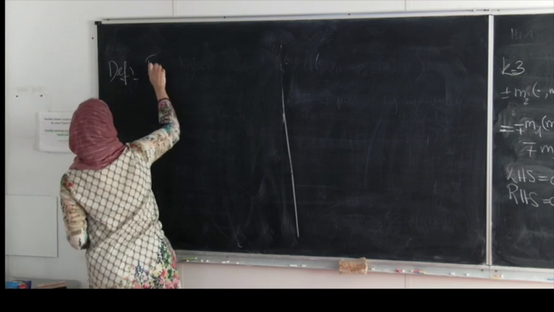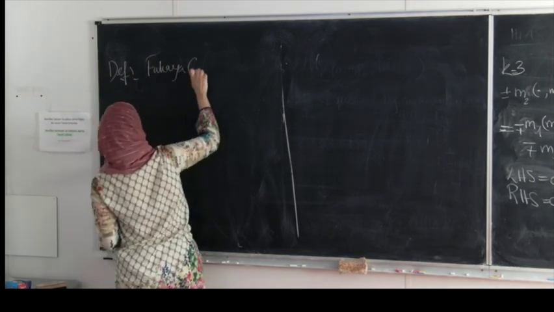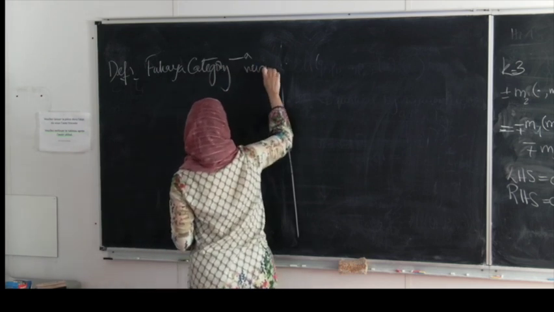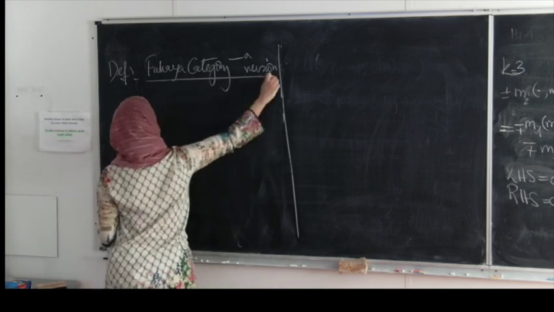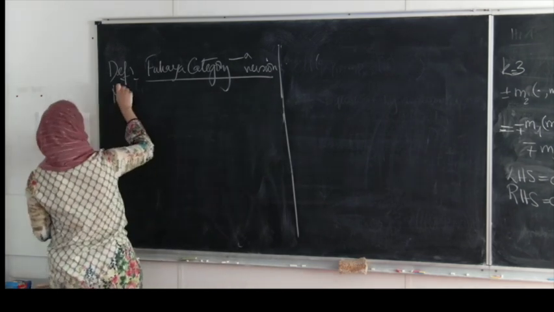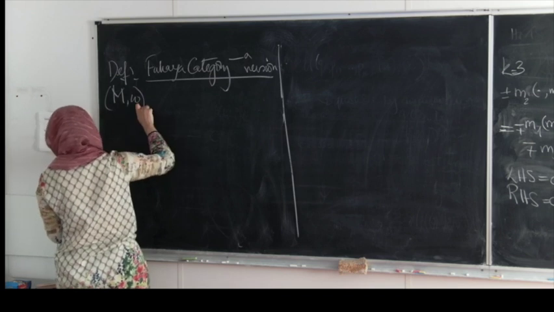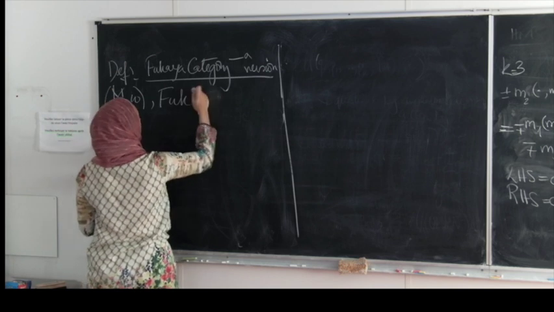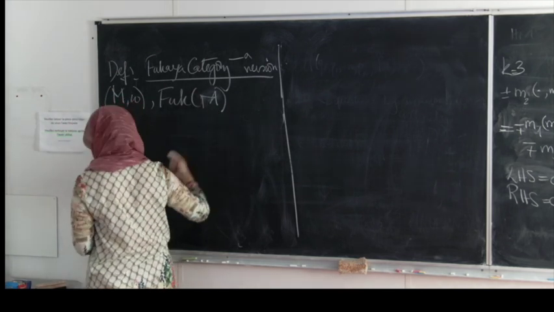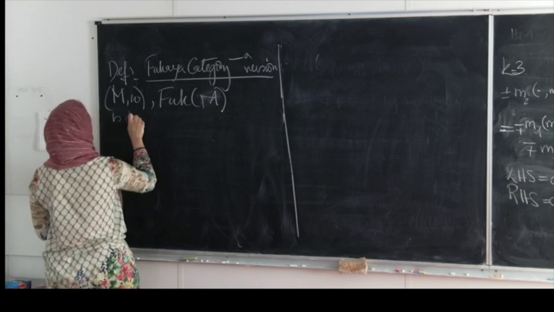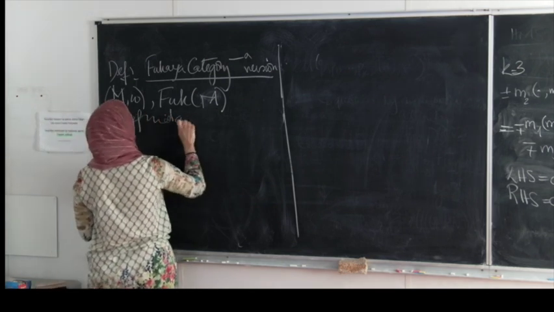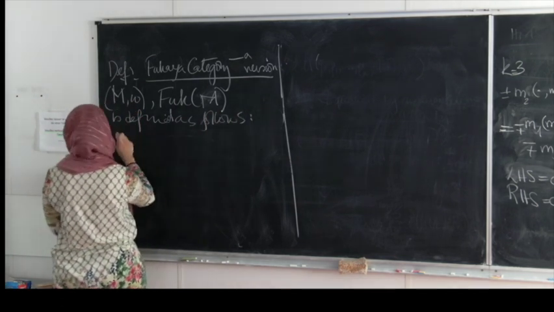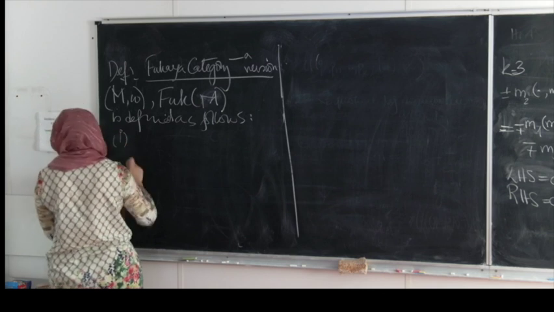So M is your symplectic manifold, then the Fukaya category of M, that's how you denote it, is defined as follows. It's a long definition, but we've done a lot of hard work to reach this definition.